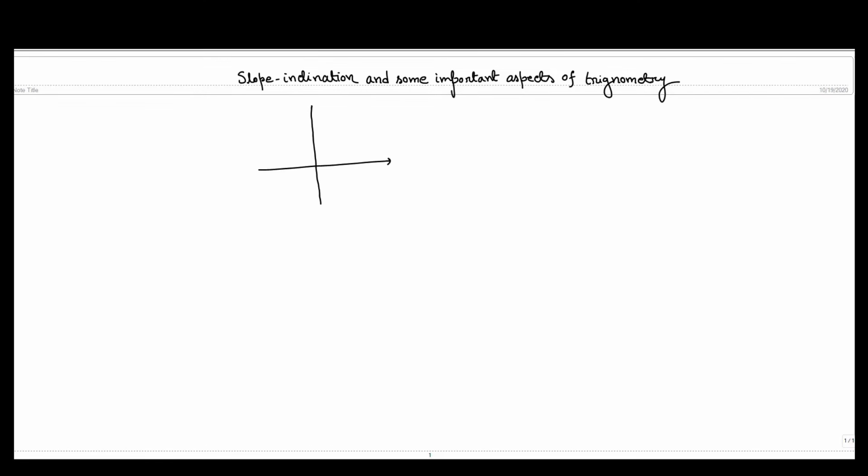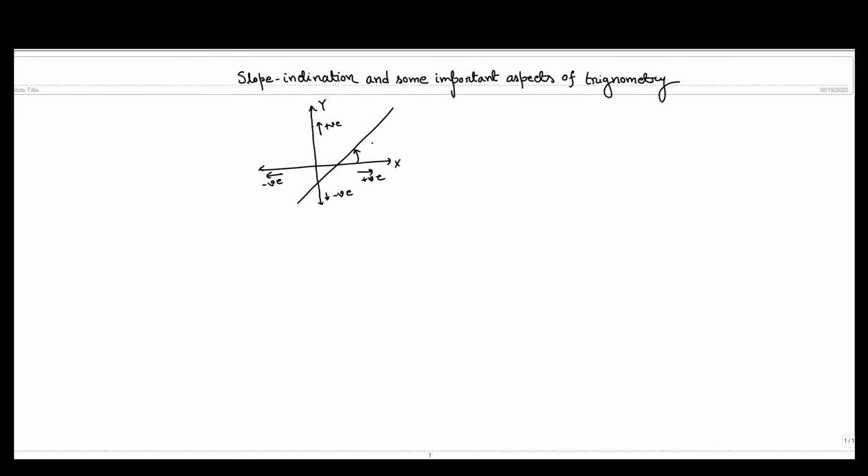Suppose we have this coordinate plane where this is the x-axis and this is the y-axis, and we have some straight line like this. The direction to the right on the x-axis is positive and the other direction is negative. Similarly, this direction of the y-axis is positive and this direction is negative.